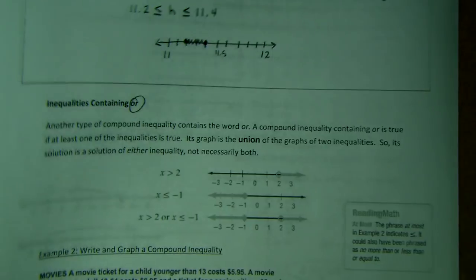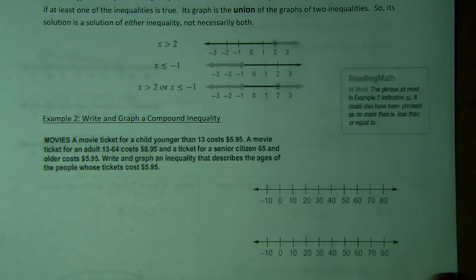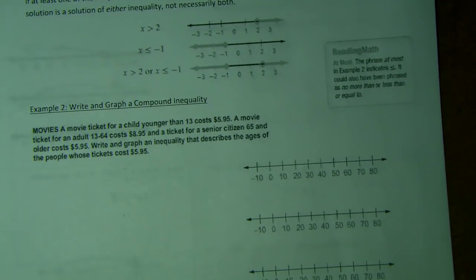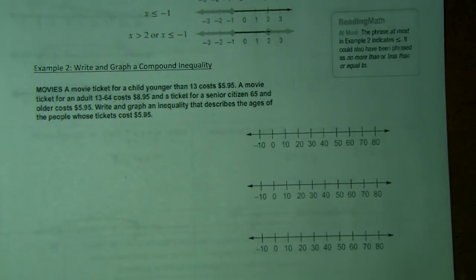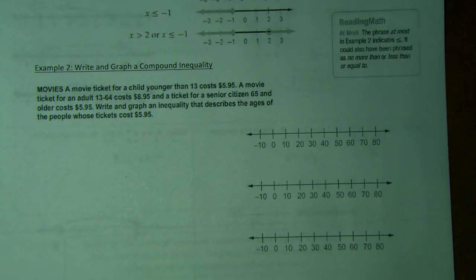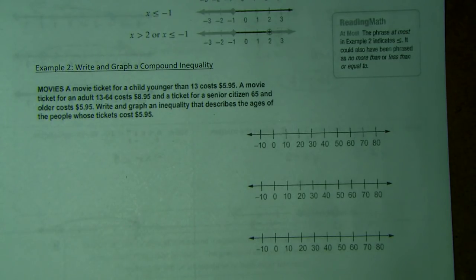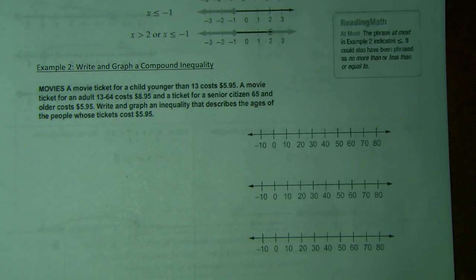All right, so let's do example problem number 2 at the bottom of this back page. It says movie tickets for a child younger than 13 cost $5.95. A movie ticket for an adult, 13 to 64, costs $8.95. A ticket for a senior citizen, 65 or older, is also $5.95.